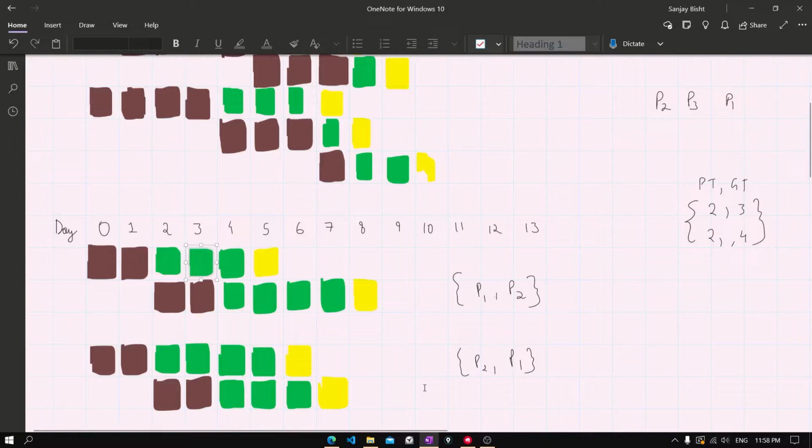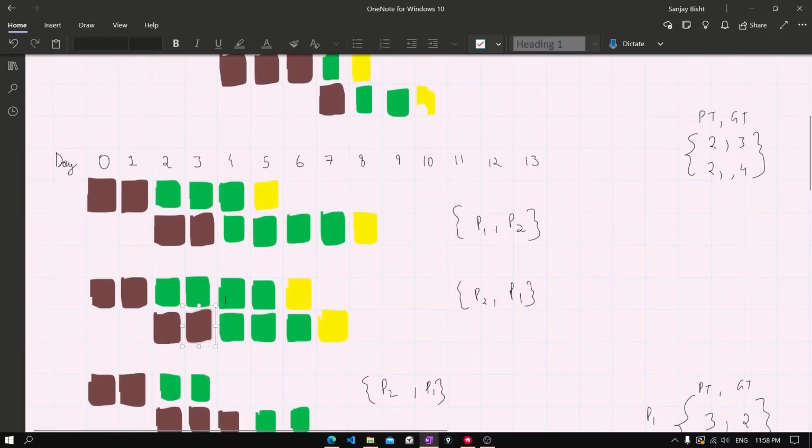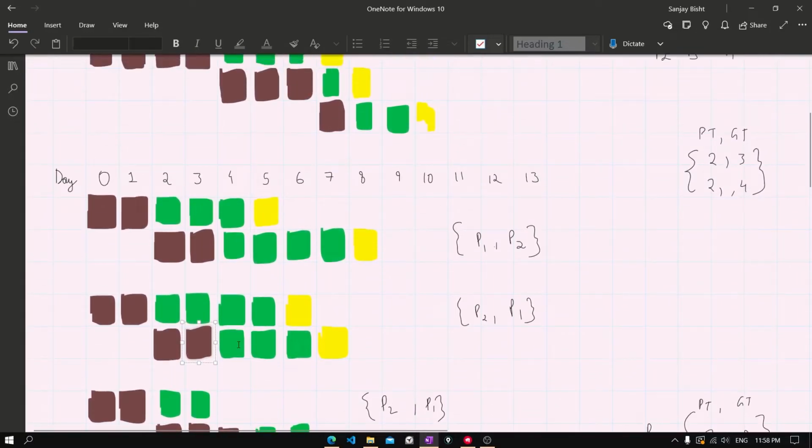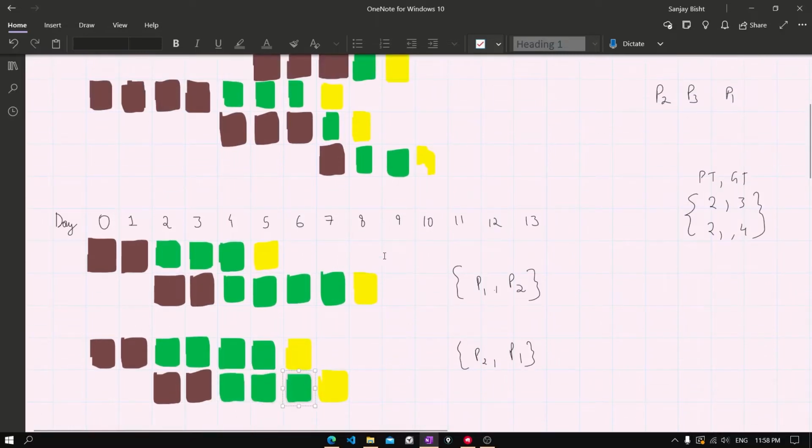If we go for P2 and P1 first, it's exactly the same as that one, but we have a difference in the grow time. So you can see that if we followed P2 and then P1, we are getting our time reduced.